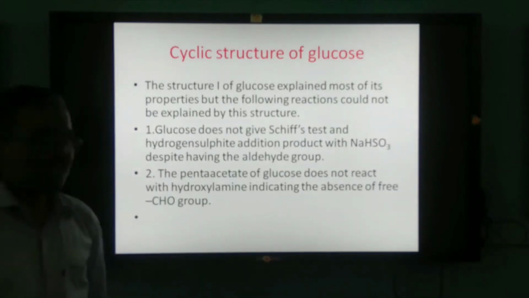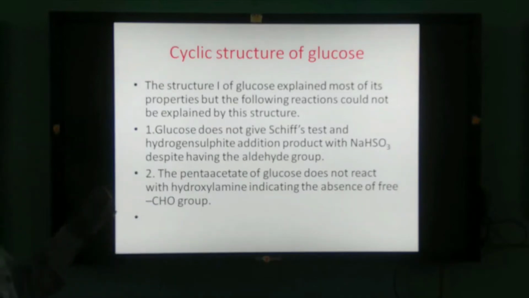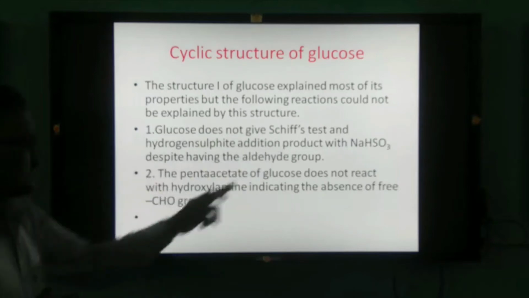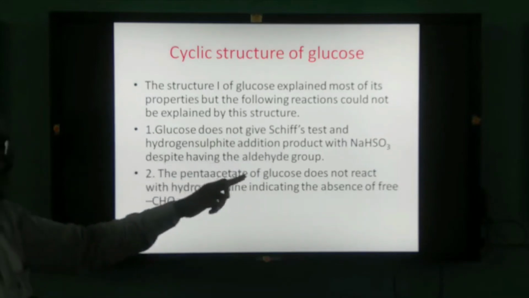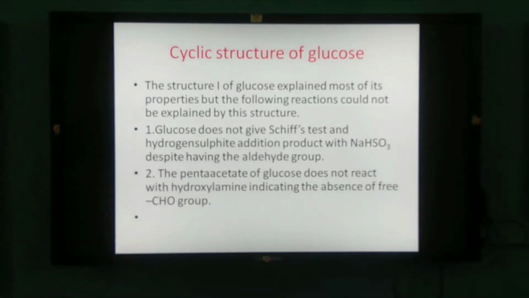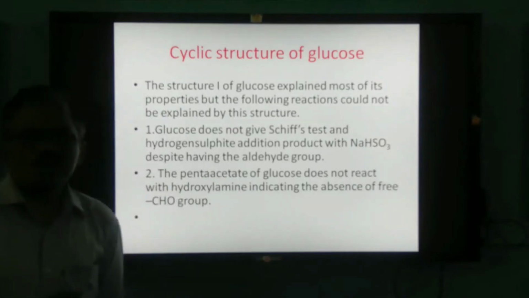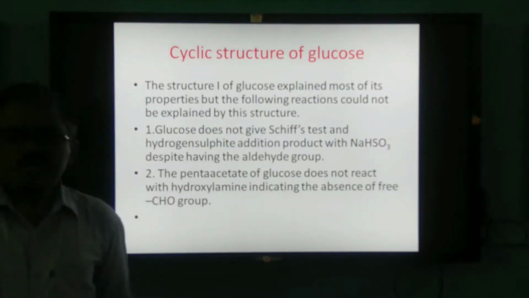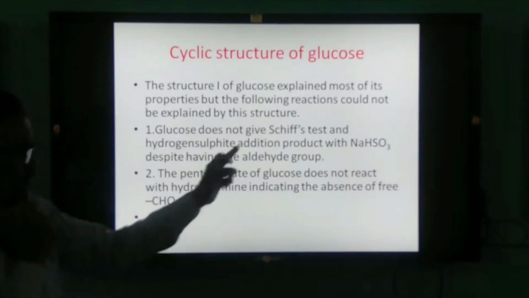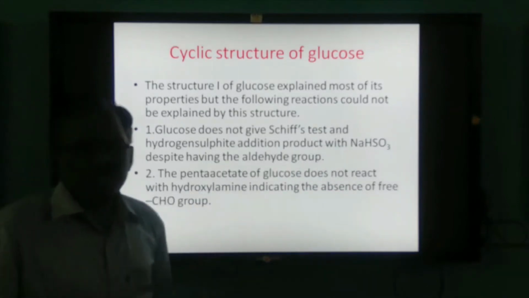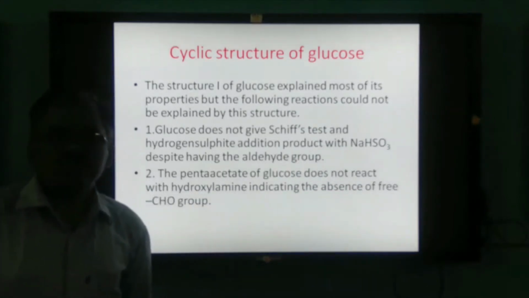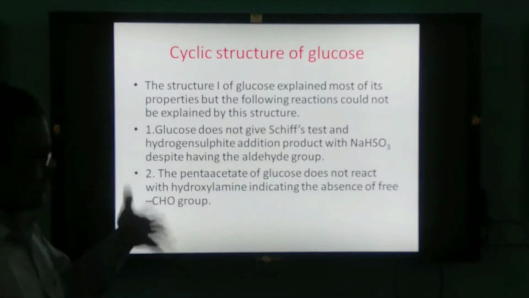Now, what are the tests which could not be responded to? Glucose does not give Schiff's test, and the addition product with NaHSO3, despite having the aldehyde group. Actually, if the aldehyde group is there, it must respond to the test and with sodium hydrogen sulfite, NaHSO3, but it is not responding. We'll see what the reason is.